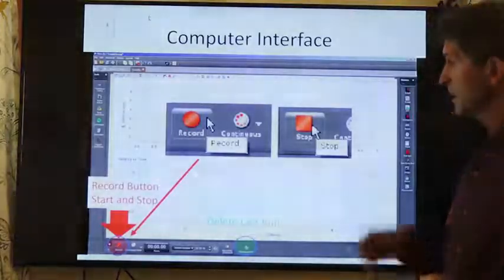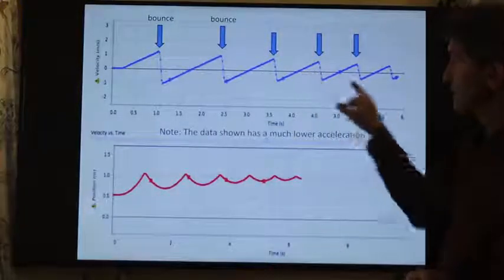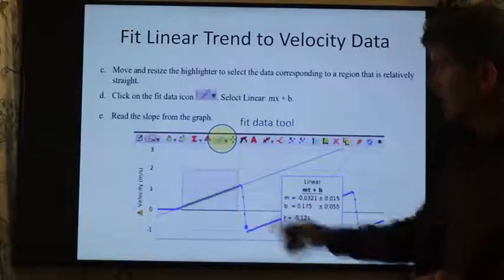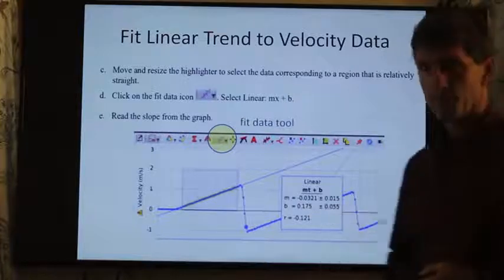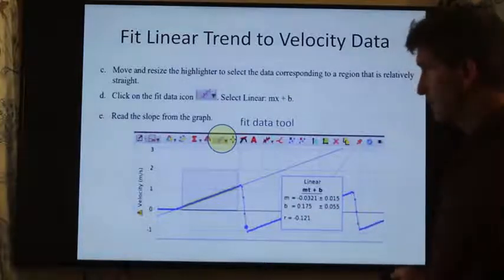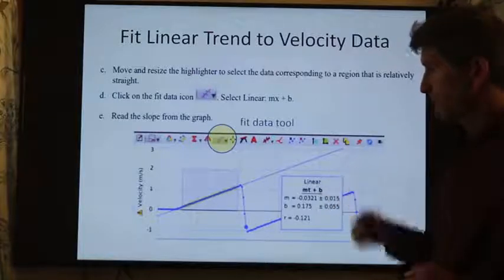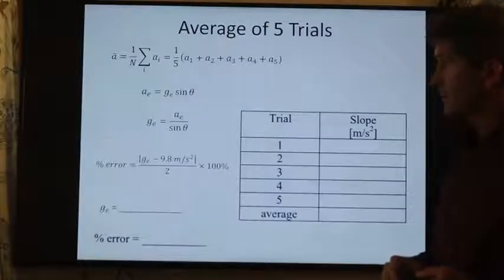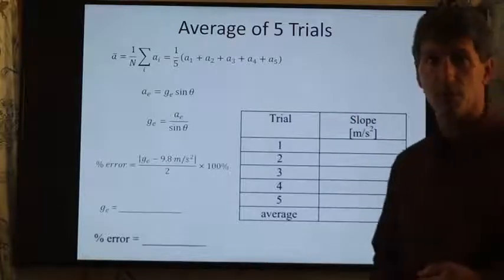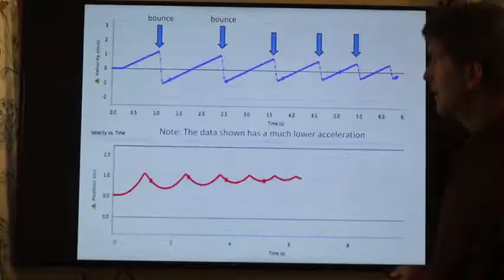And as long as you have enough straight lines to measure, and again, here the slope is going to be much less than 9.8 because you're at a much lower acceleration. As long as you get enough measurements, at least 5 measurements, you should be fine.